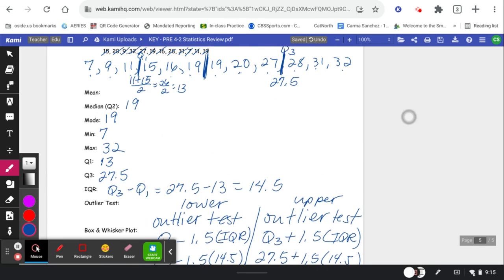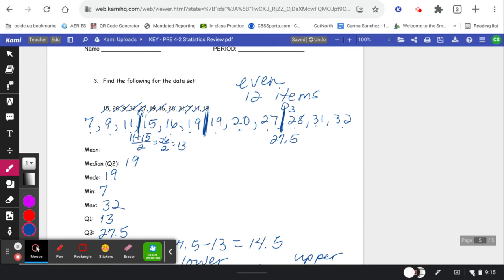All right, now going back up to the mean, I'm going to be adding. And so 7 plus 9 plus 11 plus 15 plus 16 plus 19 plus 19 plus 20 plus 27 plus 28 plus 31 plus 32. Double check me. I got 234.